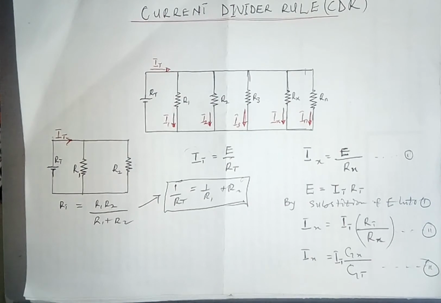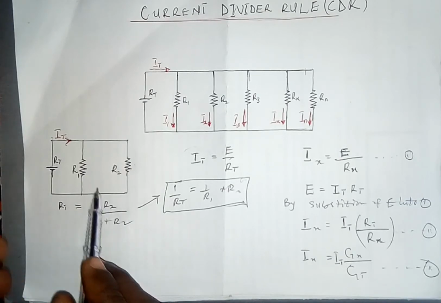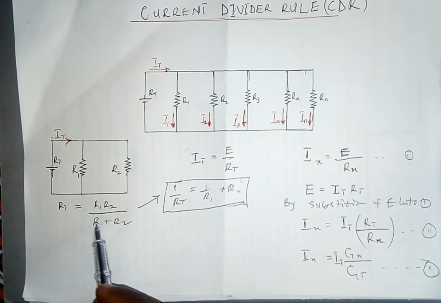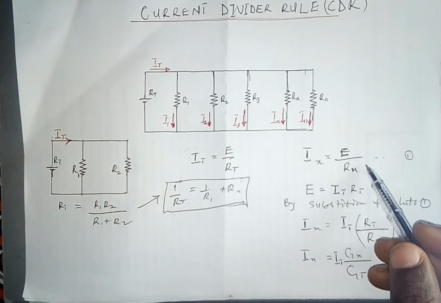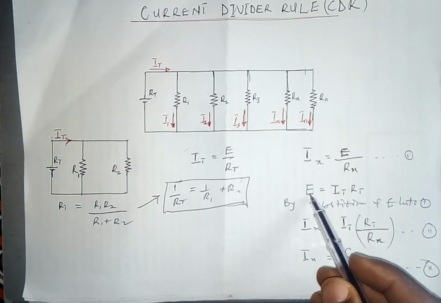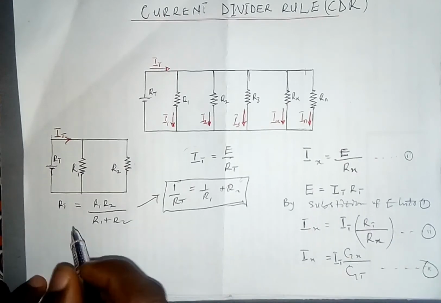Now, if this is the RT, which is the total resistance in two parallel resistors, let's substitute this RT into our former equation, which is our equation 1. Remember we said Vx is equivalent to IT times RT.